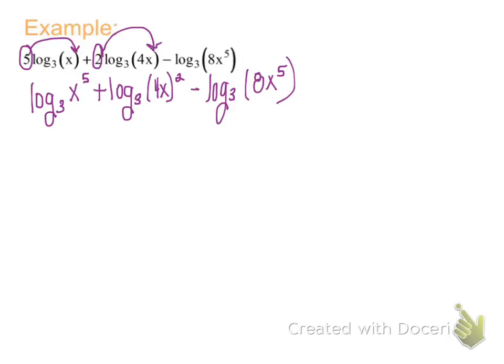So one of the first steps that I did was I took the multiplier that was in front and put it back in as an exponent using that exponent property of logarithms.